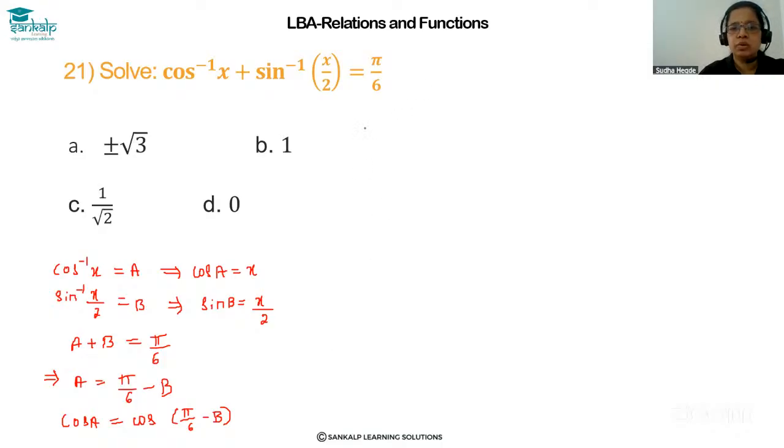So cos A is equal to, what is the cos A minus B formula?